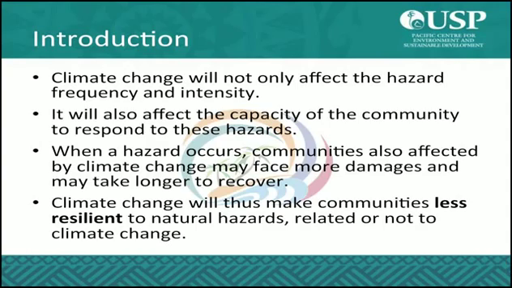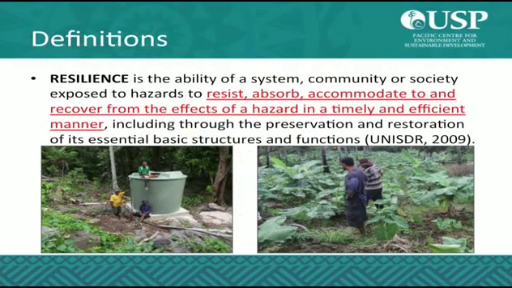For example, a community which has crops that are limited due to excess salt in the soil will have less food reserve if an event like a cyclone occurs. So climate change will thus make the community less resilient to natural hazards, even if those hazards are not related to climate change. So, what exactly is resilience?